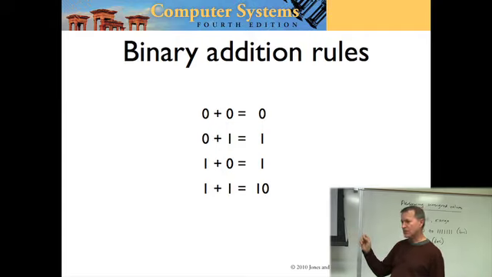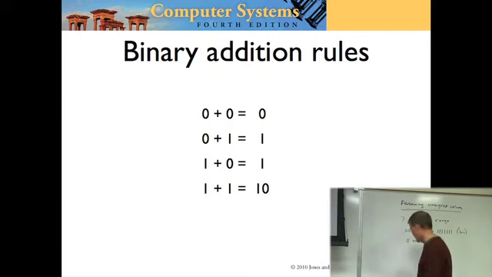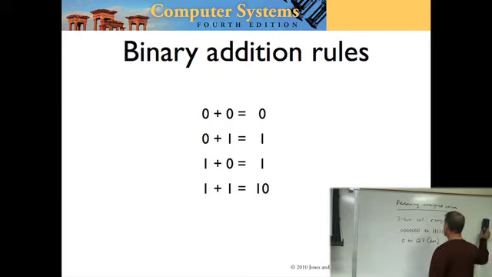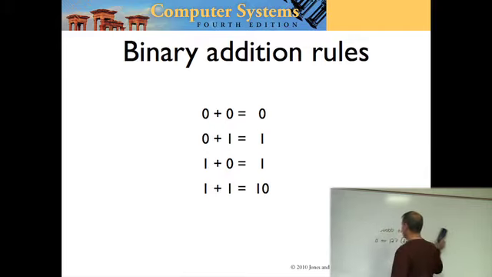It's not 2, it's 0, carry the 1. Does everybody see that? Are you with me? Because 1 plus 1 is 2, in binary that's 0, carry your 1. That's how the computer actually does it in the CPU. Are we good?